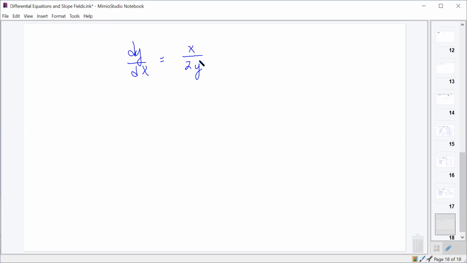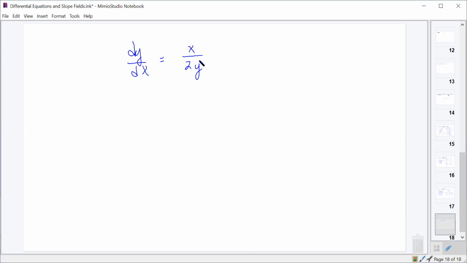your differential equation has x and y in it, and you can write x and y as some sort of function in terms of x, either times or divided by some function of y, then you should be able to find the solution.